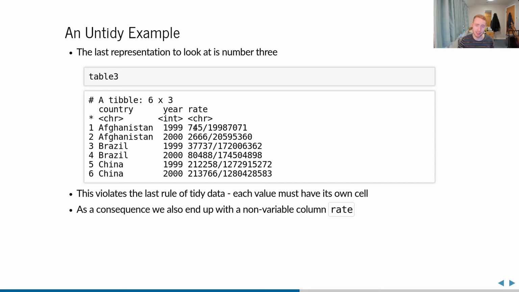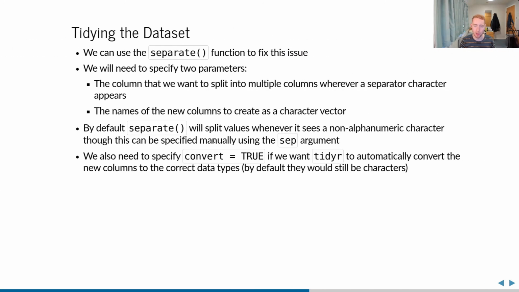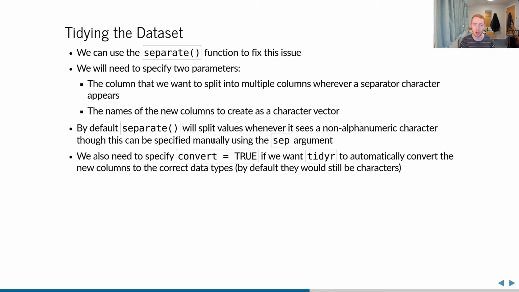It was like minus 7445. If you were separating at all non-alphanumeric values, we would separate before the dash. The number here would be one value, then slash, then another value. So we'd have three values separated here, and two in the rest of them. It's all going to break down. So sometimes it's safest to specify manually what character we're separating on, so we don't run into any issues.